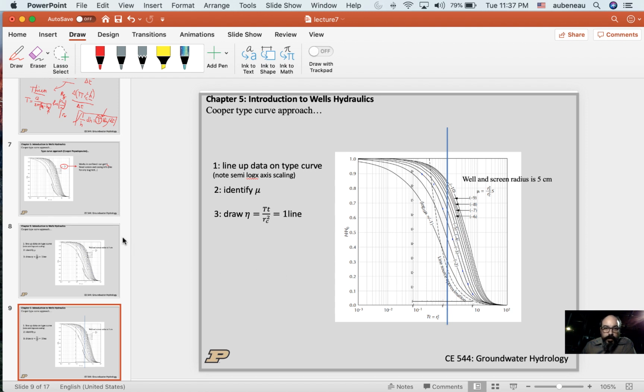And finally, we want to draw the line that corresponds to the x-axis equals 1. Sorry, I grab things when I don't mean to. At x equals 1 here, I draw a vertical line, and then I'll be able to read time on my plot.